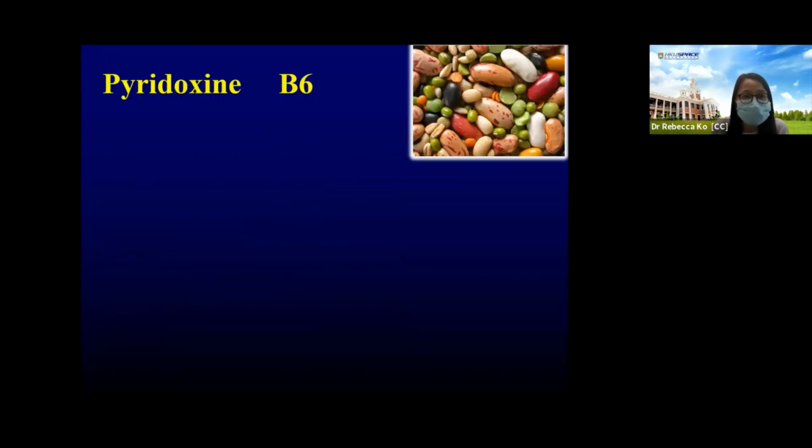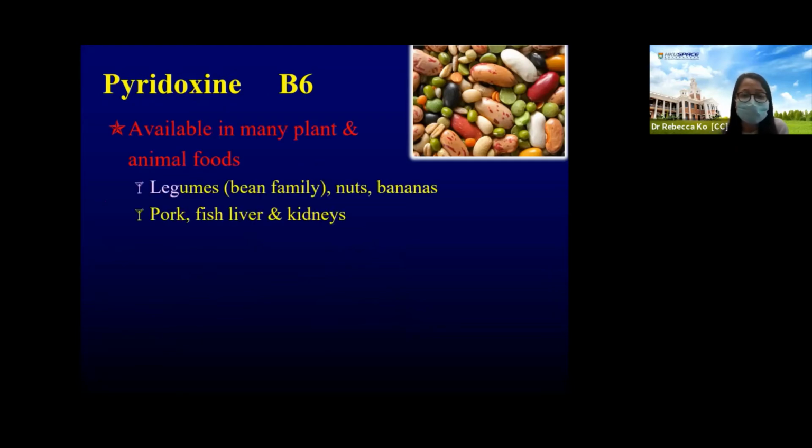Besides B3, next will be B6, pyridoxine. B6 is available in many plant and animal foods. Let's say legumes, nuts, bananas. I eat it every day. So I think I should have enough intake of B6. No problem for Rebecca now.